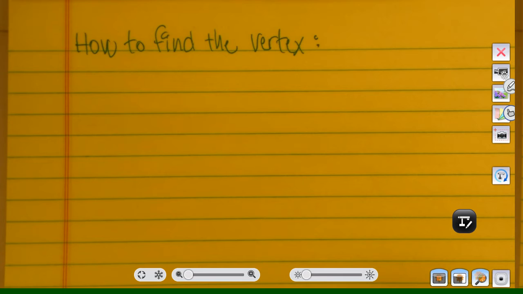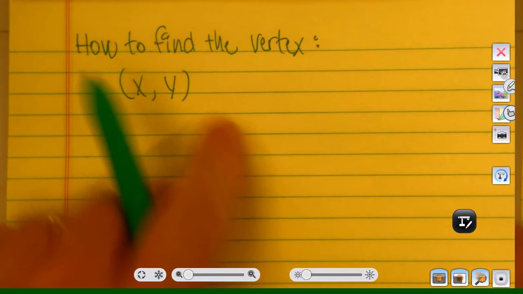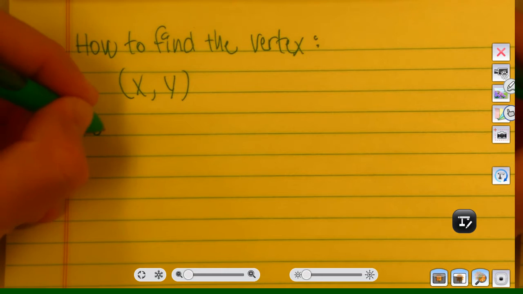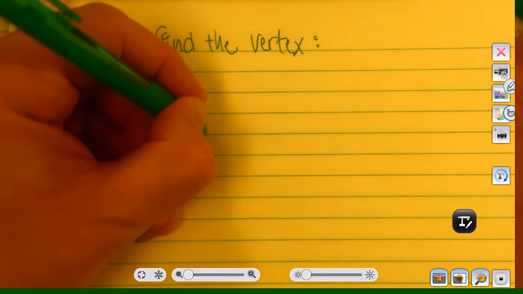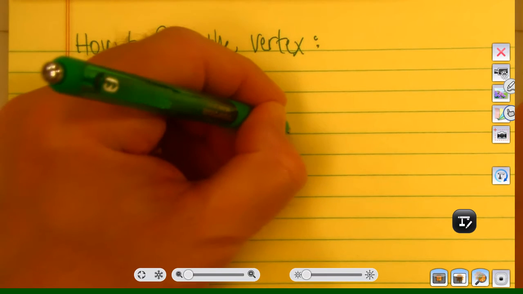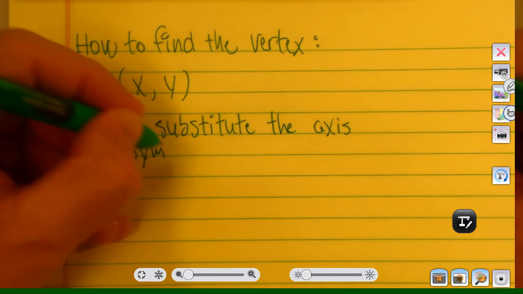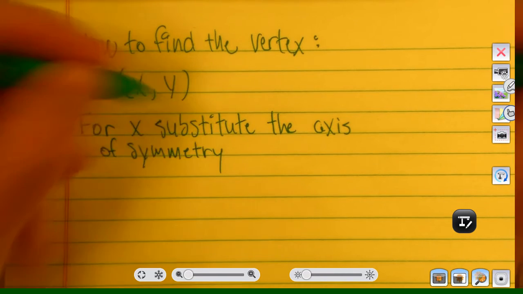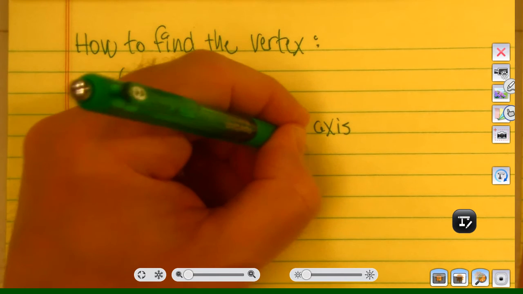So the way that we find the vertex is pretty simple. We have an x and a y. We have a point that has an x value and a y value. And for x, you need to substitute the axis of symmetry. Now, if you remember, we have a formula for the axis of symmetry. That is x equals negative b over 2a.